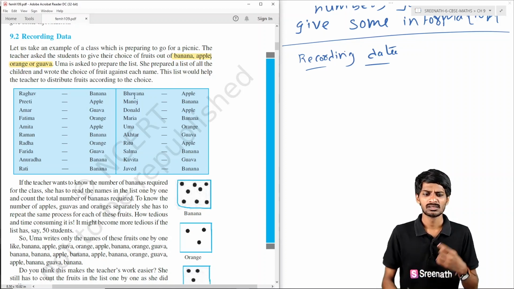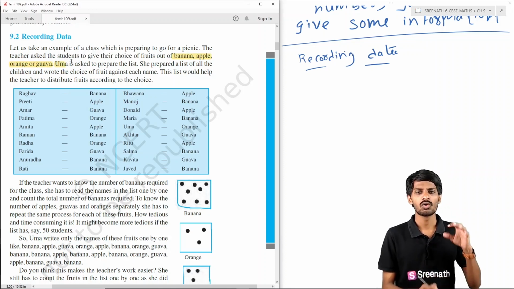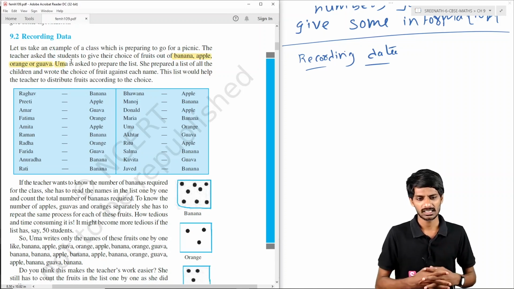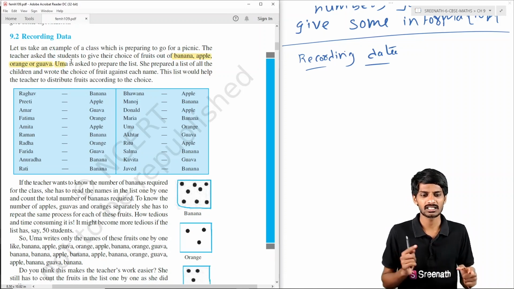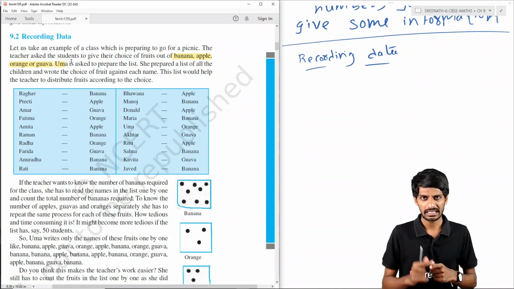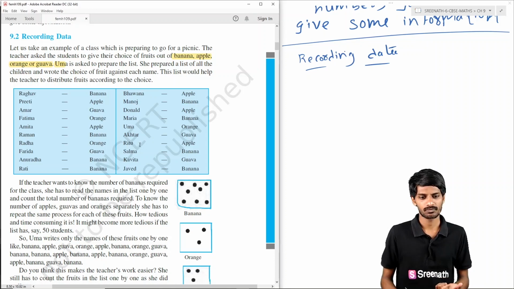The teacher asked Uma to prepare that list. So that is the thing, students. This information has to be gathered and recorded.